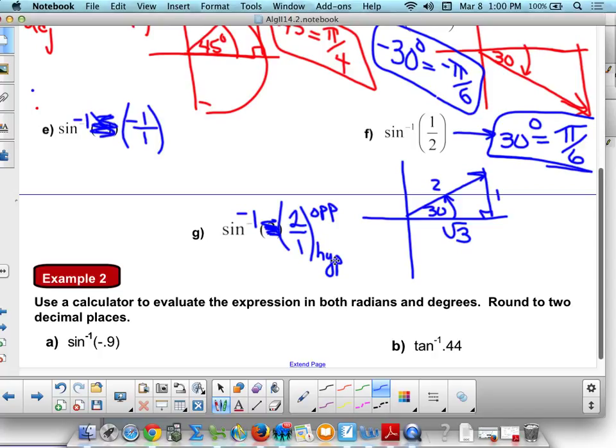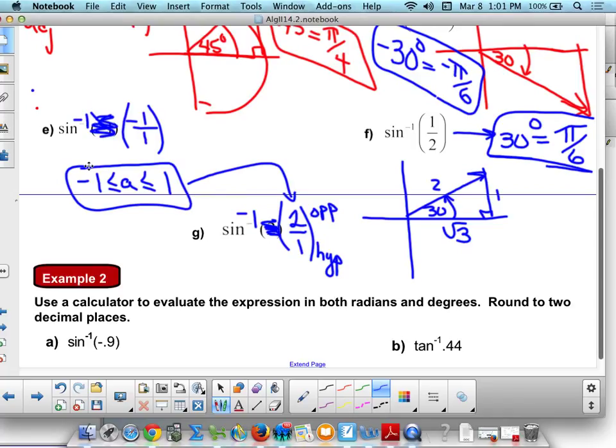If you ever see sine or cosine, the hypotenuse is always the longest side. So when you plug in numbers for your ratio, all your numbers have to fall between negative 1 and 1. I told you this on the first page. That number is bigger than 1. This won't work.